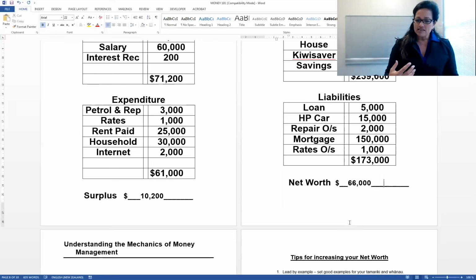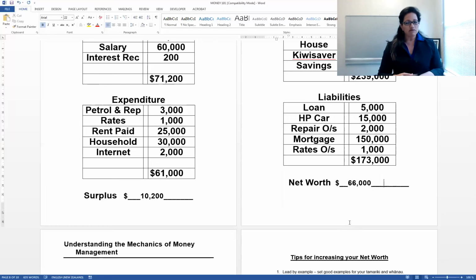So Hariata is probably blown away to find out she's actually worth, right now, at the age of 26, $66,000 of net worth. But it's not just that. She's got a surplus that she's earning, and she's got all these assets that are able to generate some income as well.